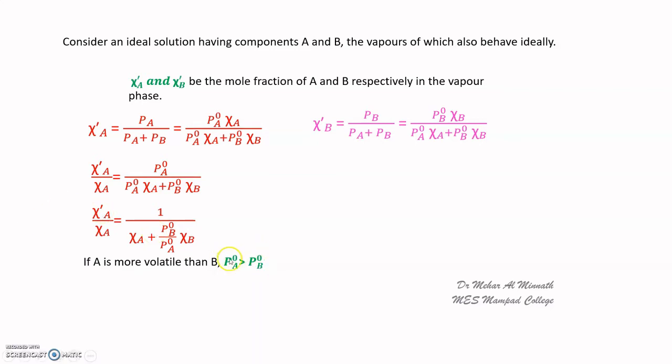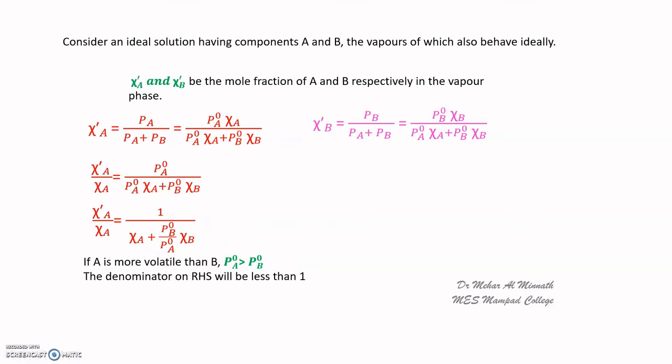Then the P naught A, the vapor pressure of A, will obviously be greater than that of B, because A is more volatile than B. If P naught A is greater than P naught B, then P naught B by P naught A will be less than 1. So altogether the denominator on RHS will be less than 1.